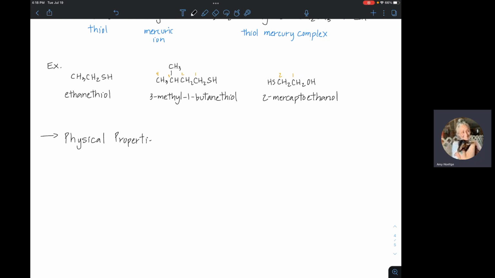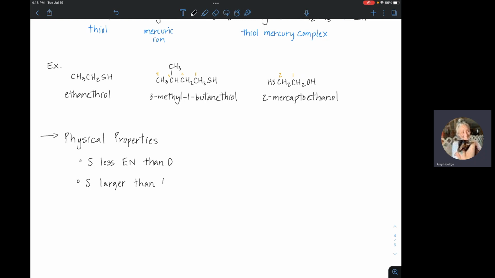Boiling points, etc. Sulfur is less electronegative than oxygen. The other thing we want to point out is that sulfur is larger than oxygen.